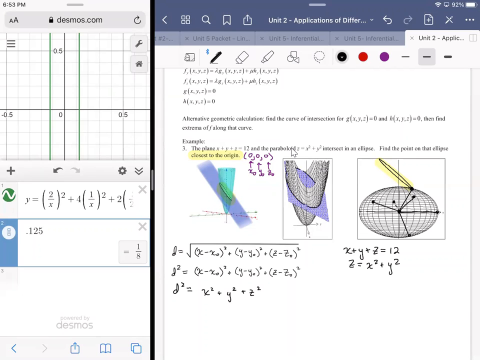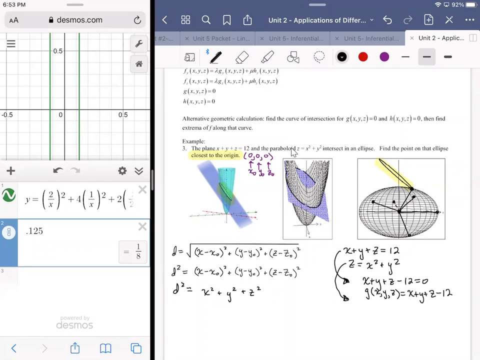So these two constraints, like I said, I can look at them independently, or I can look at them together. If I look at them independently, I would be bringing everything over to the same side. So x plus y plus z minus 12. I wrote the whole thing again, which would make the constraint function, I'll call it g of x, y, z, equal to x plus y plus z minus 12.